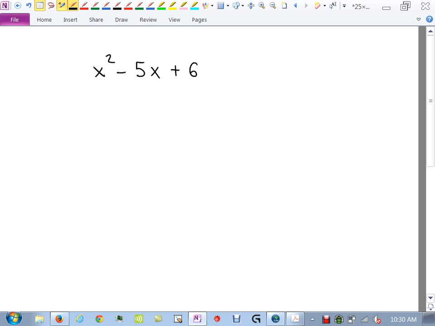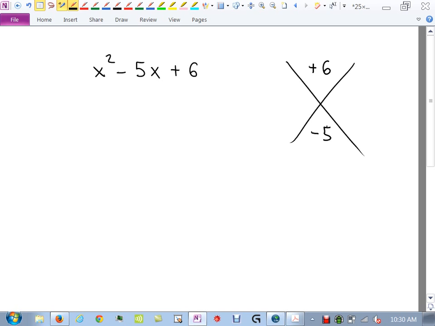This is an example that I like because it can trip people up, even people who are pretty good with it. If you put this little X over here, I'm looking for two numbers that multiply to be positive 6, but add up to be negative 5.